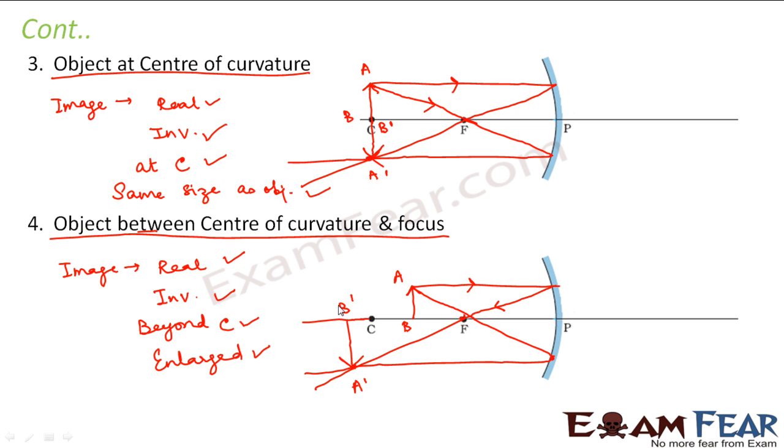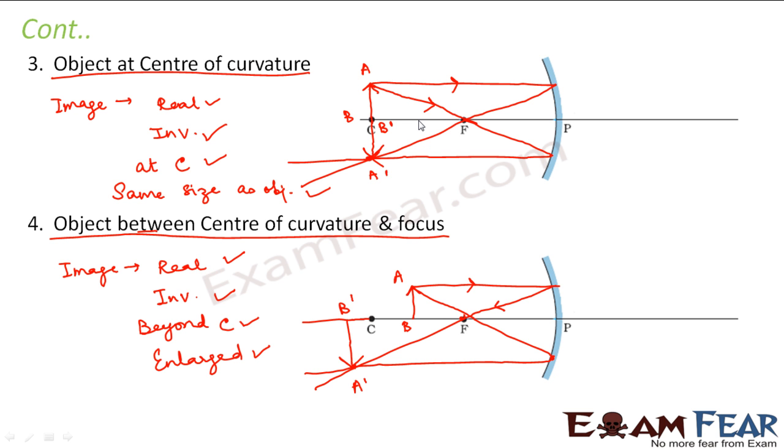And also notice one interesting fact. Starting from case 1, we are gradually moving the object towards the pole of the mirror. And what do you notice? Gradually, the distance of the image from the pole is increasing. In the first case, when the object was at infinity, the image was formed at principal focus. In the next case, when the object was beyond center of curvature, the image was formed between center of curvature and focus.